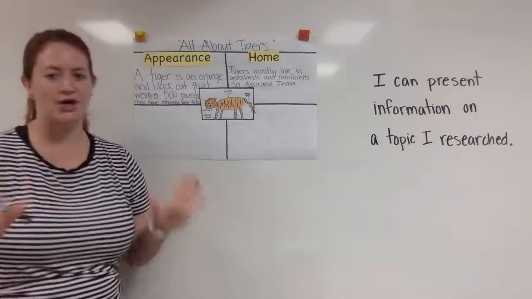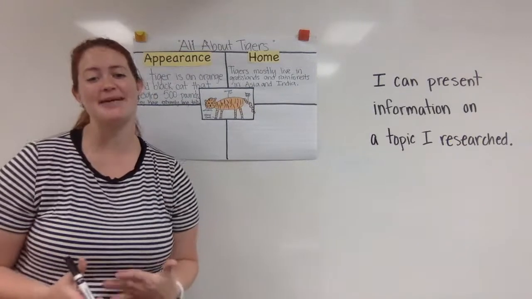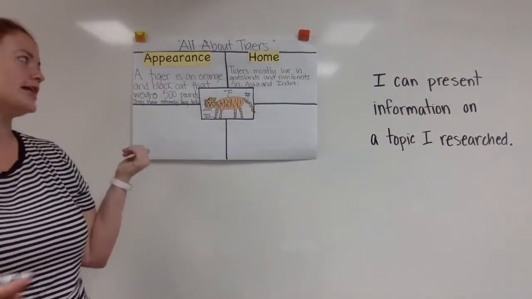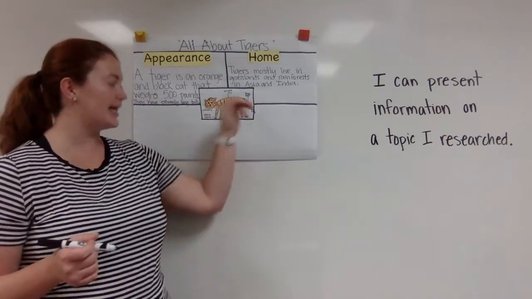Period. Perfect. There is my first sentence about their home. I said tigers mostly live in grasslands and rainforests in Asia and India.